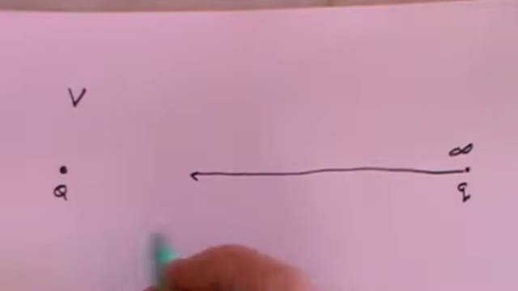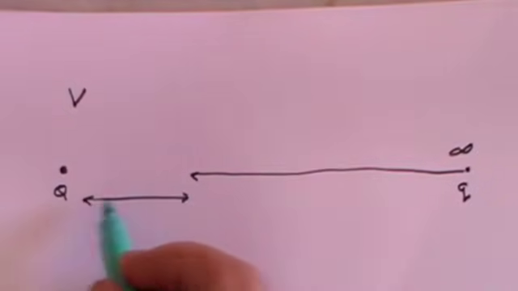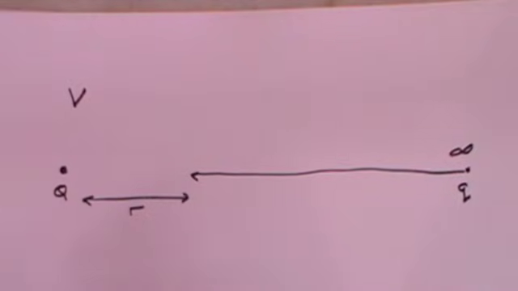Technically, if you have a charge Q, then the voltage is the work done to bring a test charge, little q, from infinity all the way in to a point which is a distance r away from the main charge Q. So the voltage is the work done to bring this test charge from infinity to this point. And that then becomes essentially the electric potential per that unit charge.